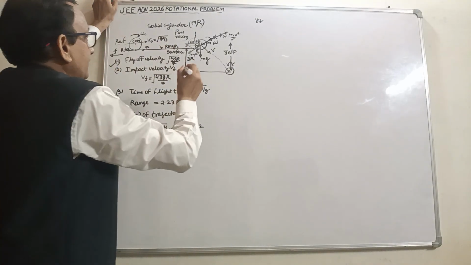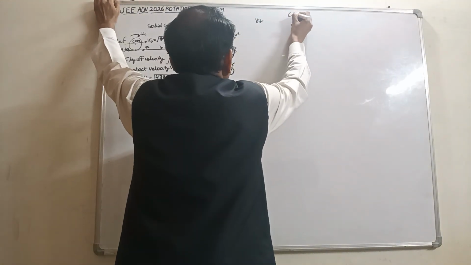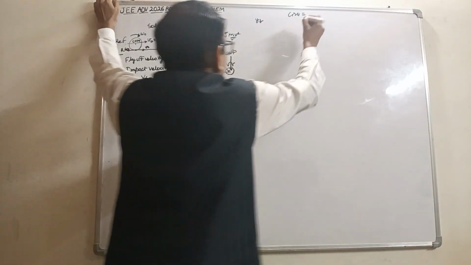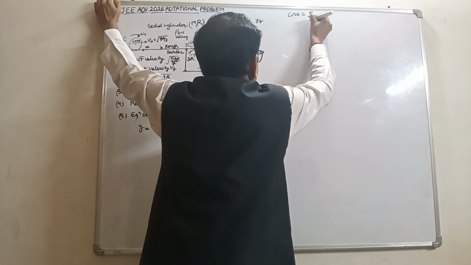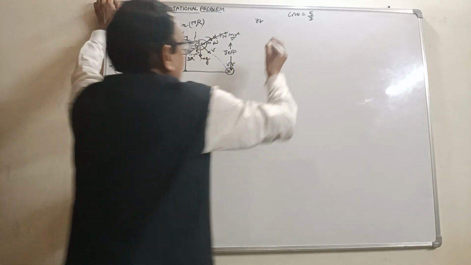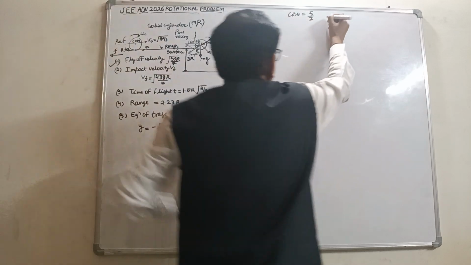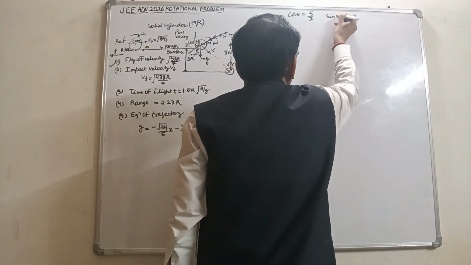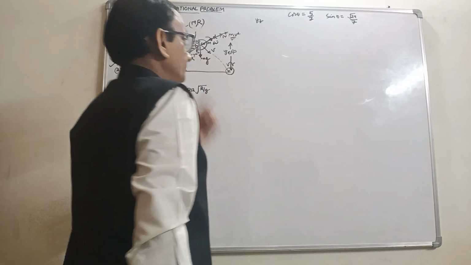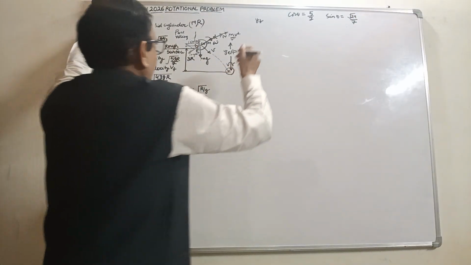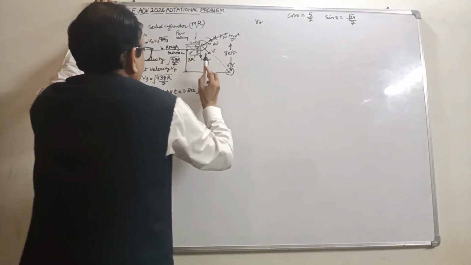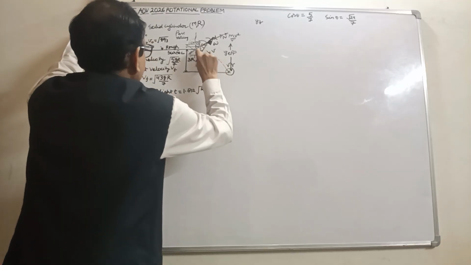Here we calculate cos theta is 5 by 7, so sin theta would be under root 24 by 7. So yf, what would be y?